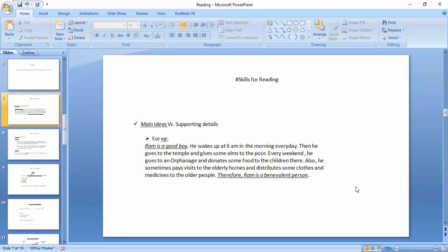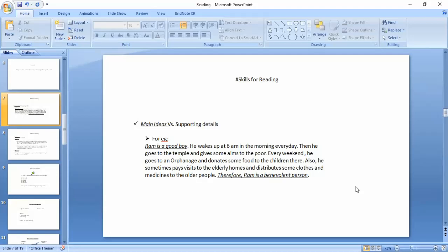Here I have underlined the very first sentence of this paragraph, Ram is a good boy, and also the very last sentence, that is, therefore, Ram is a benevolent person. What do you think is the main idea of this paragraph?